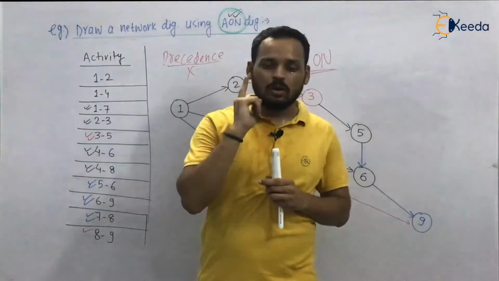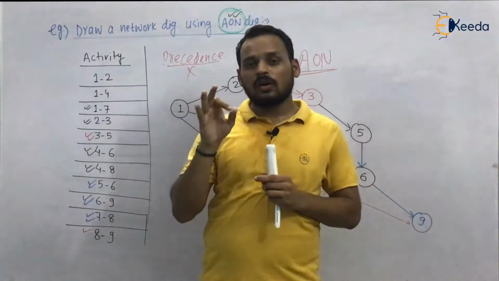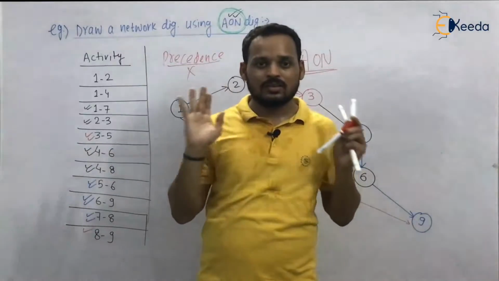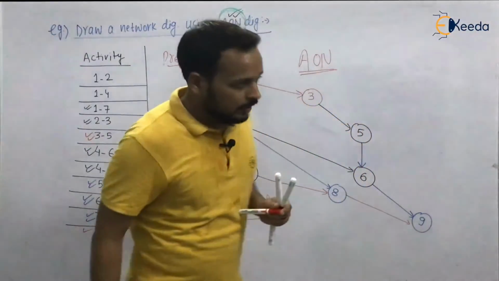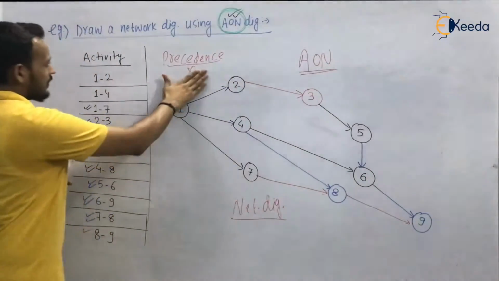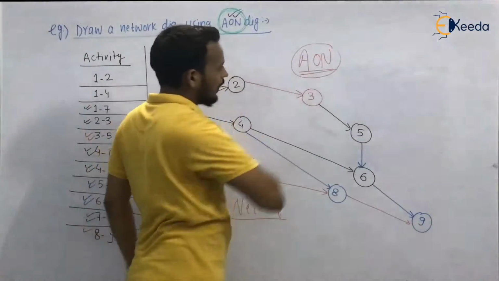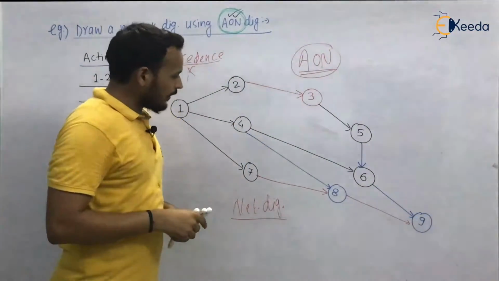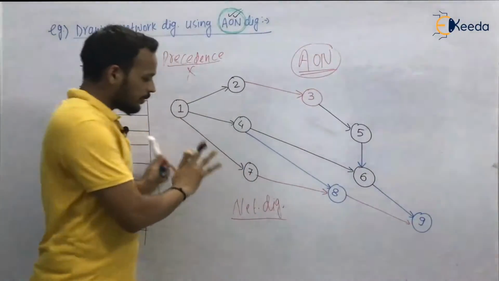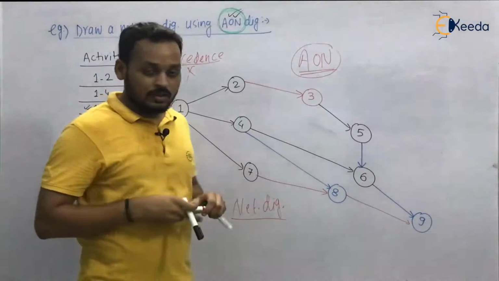You have to simply think about which diagram should be drawn. So whenever precedence is not given, just draw the AON diagram. But in PERT and CPM, this diagram is used rarely.